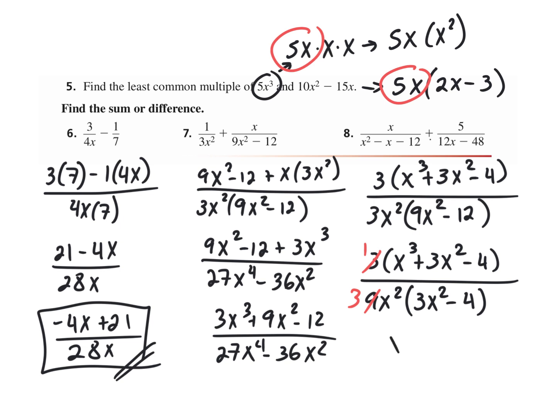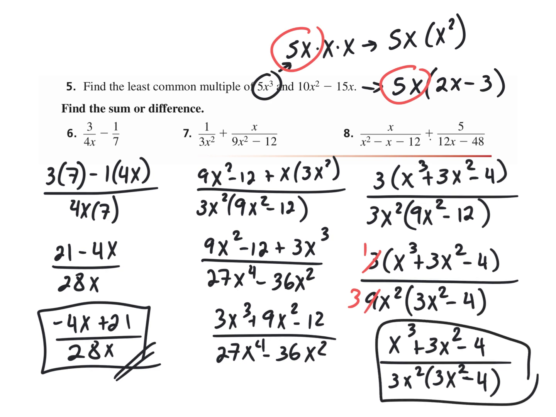So the answer so far is x cubed plus 3x squared minus 4 over 3x squared minus 4. Now, that is our final answer, as there's nothing else you can really do for it.